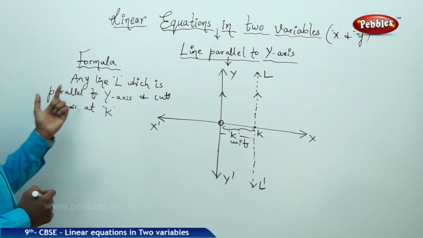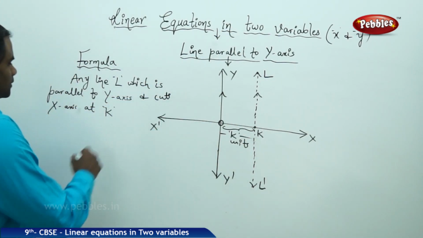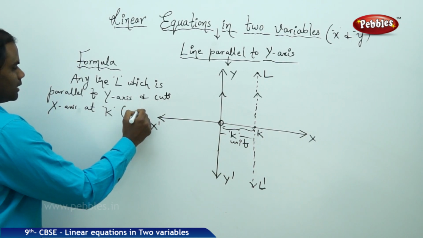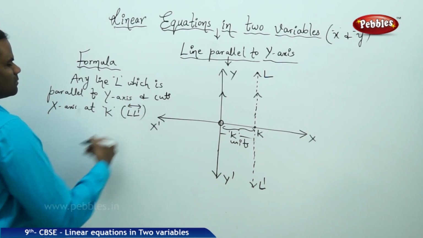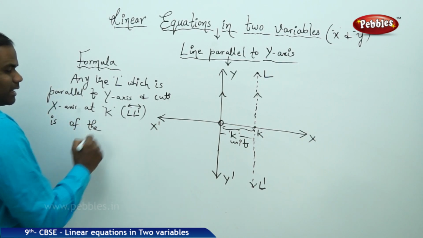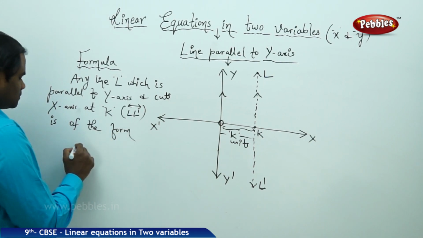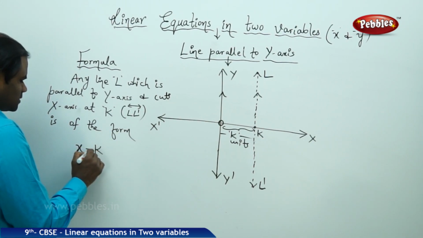So any line L which is parallel to y-axis and cuts x-axis at k, in this case the line being L dash, that line is of the form x equals k.